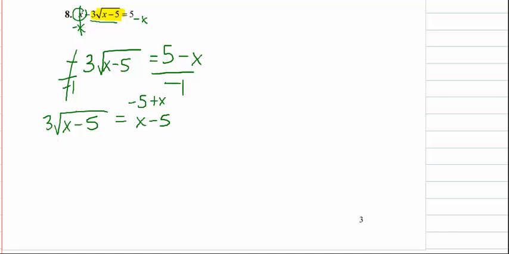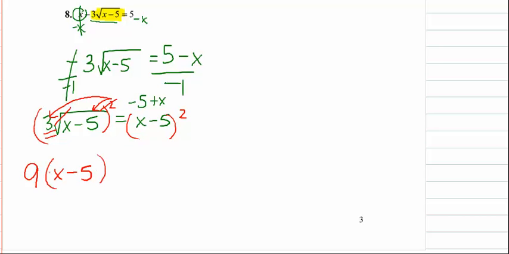So now let's get rid of the square root. Let's square both sides. If you're leaving a coefficient, you have to square it as well as the radical. So 3 squared is 9. When I square the radical, it brings out x minus 5, but I have to multiply by the coefficient still, so put that in parentheses. On the right side, we need to write the group twice.